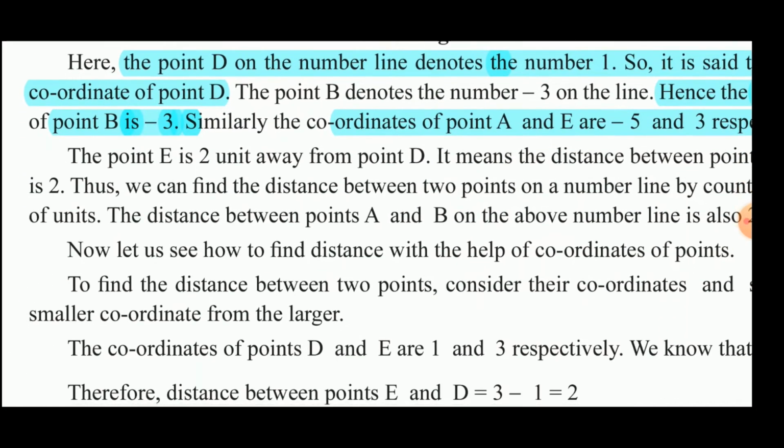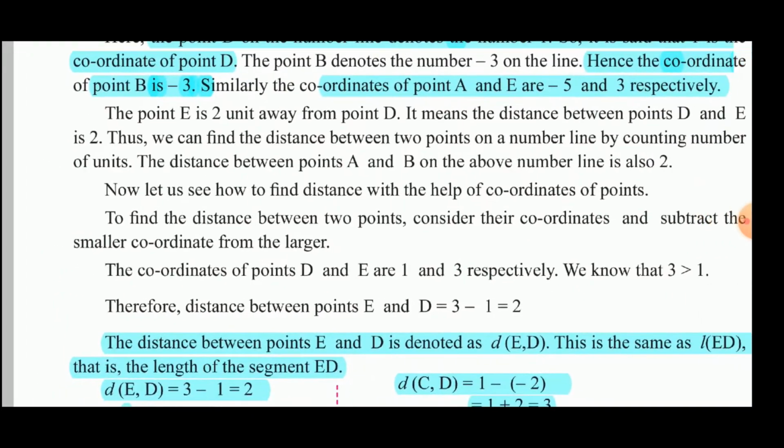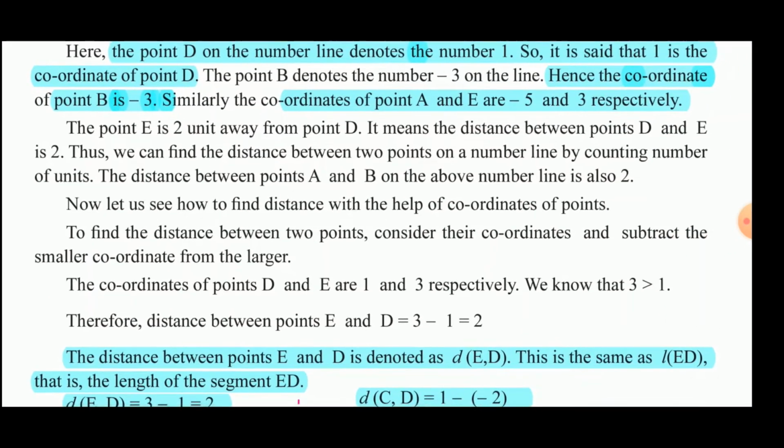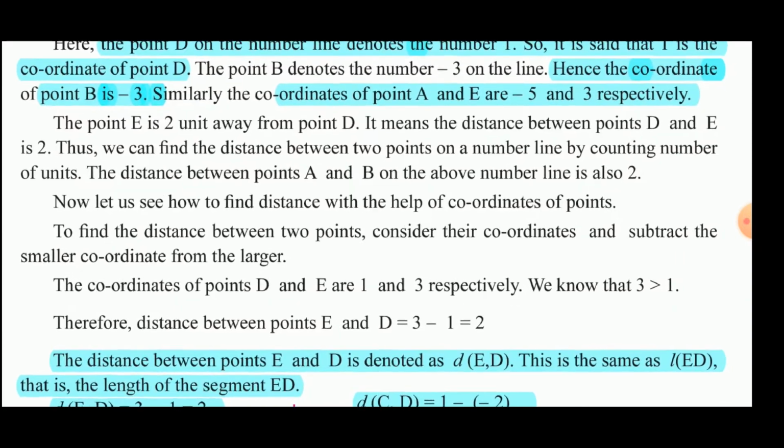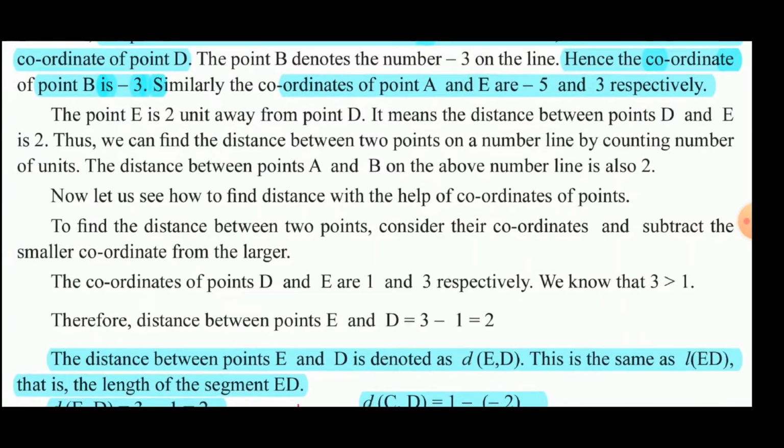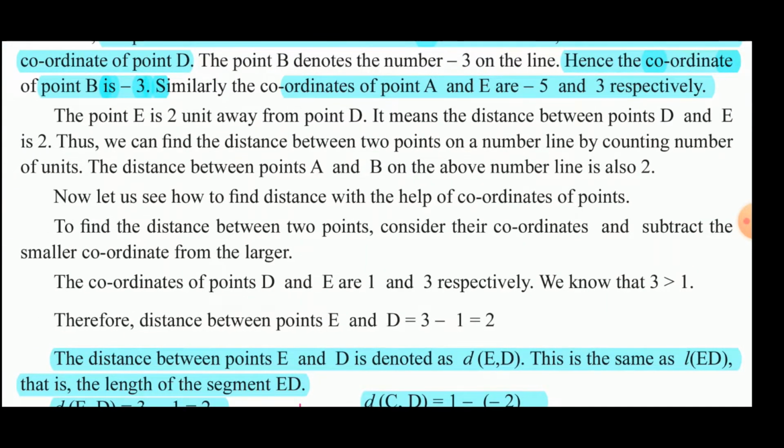Now let us find out the distance with the help of the coordinates of the points. To find the distance between 2 points, we should subtract the smaller coordinate from the larger one. The coordinates of the points D and E are 1 and 3 respectively. So 3 is greater than 1.